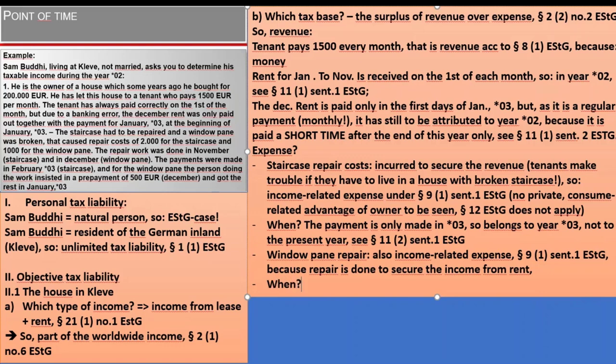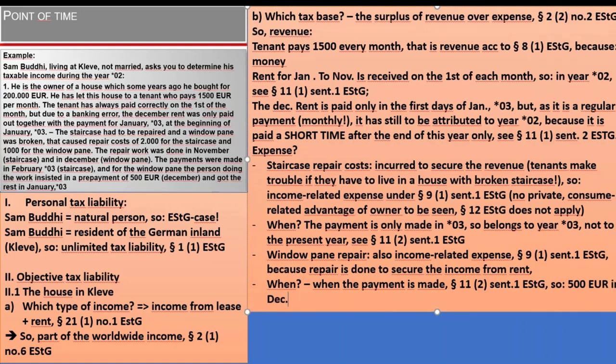So when the payment is made: 11.2 was payments made, sentence 1 ESTG, so 500 in December 02, and the remaining 500 euro are expense in year 03, January.